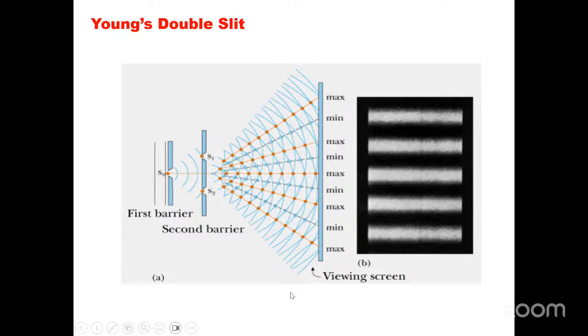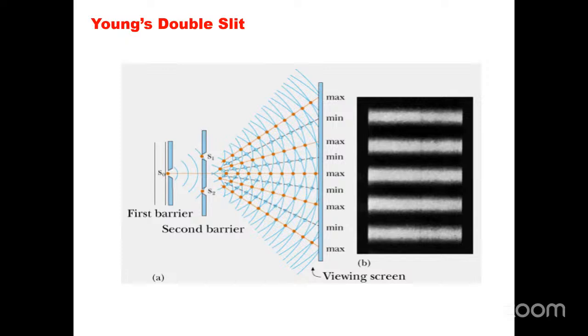When two or more waves of the same frequency or intensity are superimposed, then bright and dark bands are observed. In interference, both constructive as well as destructive interference take place. Constructive means bright band, destructive means dark band. Constructive means those are in phase, destructive means those are out of phase. Is it clear? So these are the terminologies.